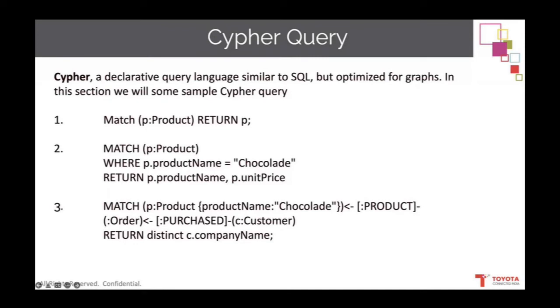The third one is equivalent to a join query in the SQL that we use. Here we already filter for product name is chocolate. There are two ways to filter in a graph database. One is directly specifying it in where, or we can specify it along with the node name itself.